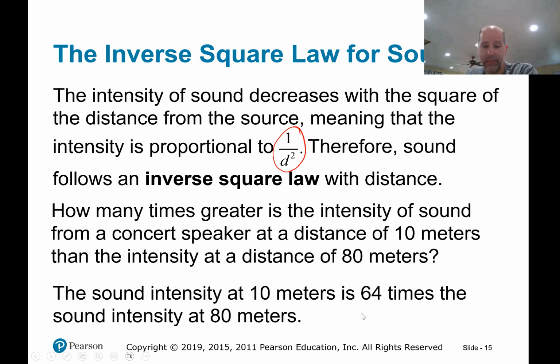Well, how do we reach that? Well, we take 1 over 80 squared divided by 1 over 10 squared.